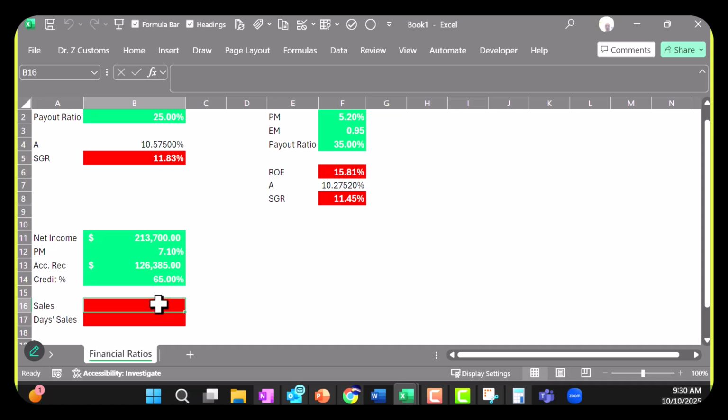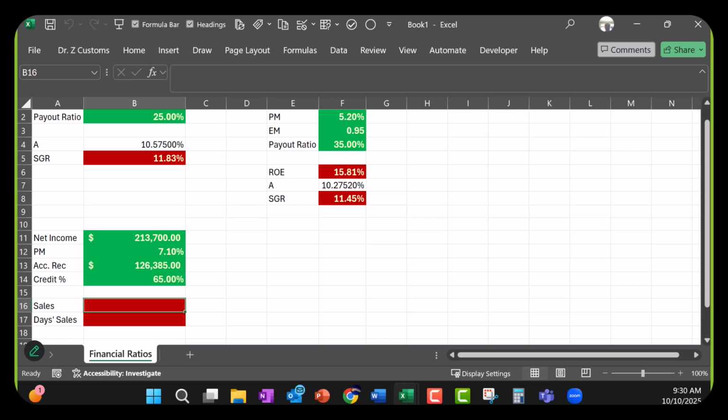Can you guess how I can get it? Is there something here that would give me sales? Are you there, Caden? Is there something here that would allow me to calculate sales?